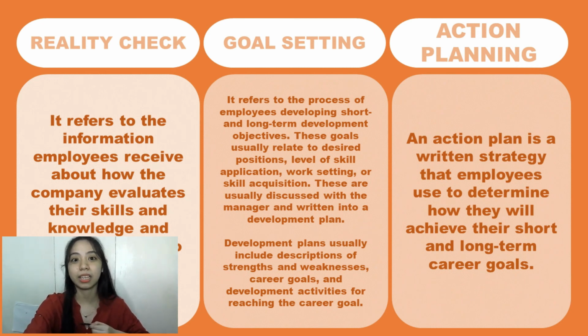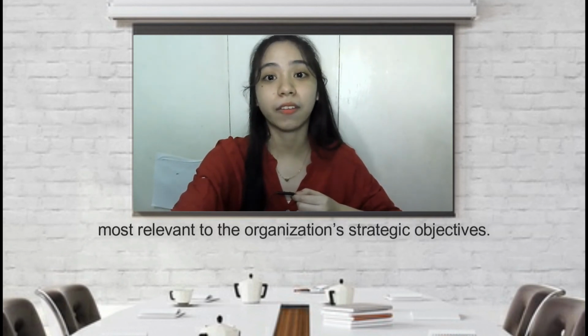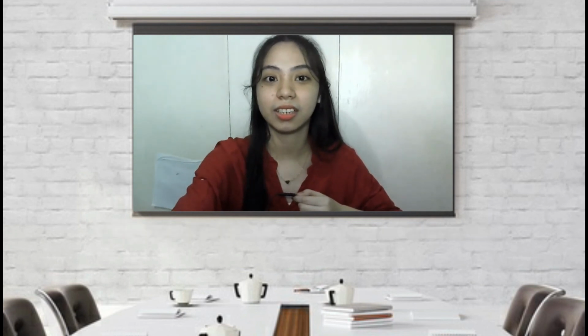Development plans usually include descriptions of strengths and weaknesses, career goals, and development activities for reaching the career goal. An effective development plan focuses on development needs that are most relevant to the organization's strategic objectives.